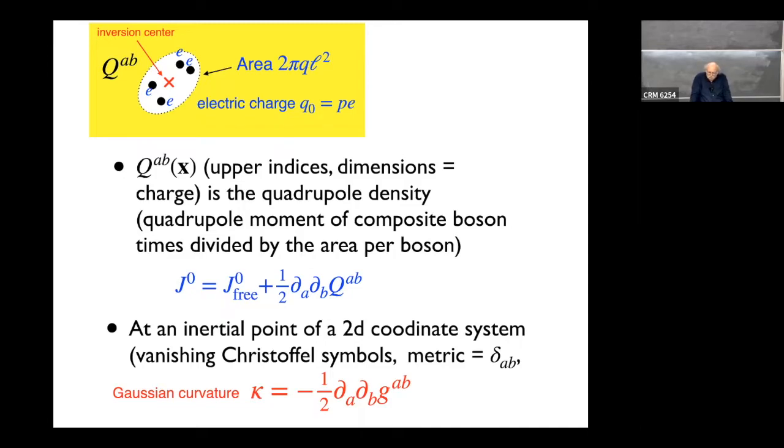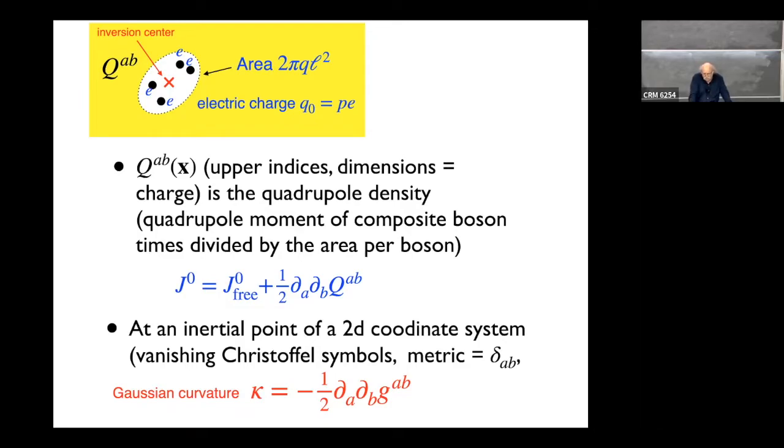And the quadrupole density is just given by dividing the quadrupole moment of the individual composite boson by the Chern-Simons density of the composite bosons, or the area of the composite boson.